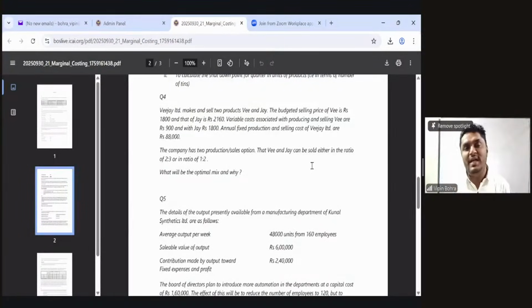There are a few steps that need to be followed to solve this question. Again, the purpose of discussing this question is basically the concept of sales mix. So let's start first with the mix 2 is to 3, then we will discuss 1 is to 2 also, and then we'll write our final decision.